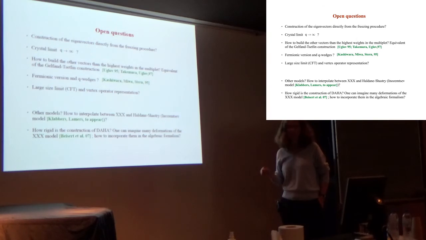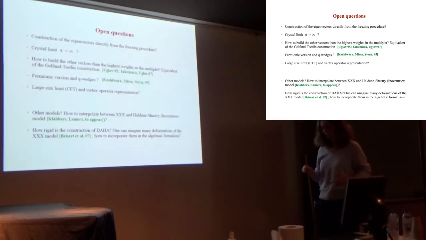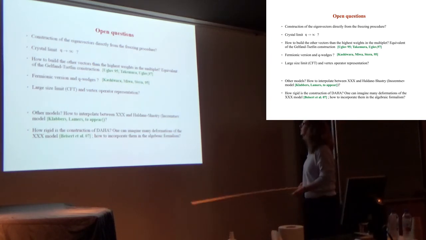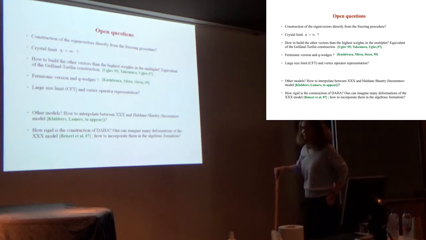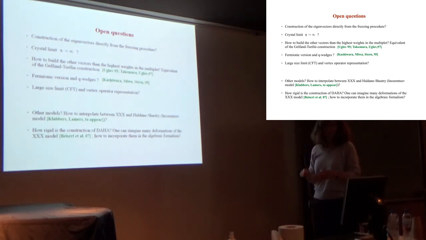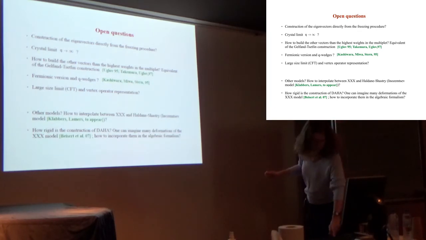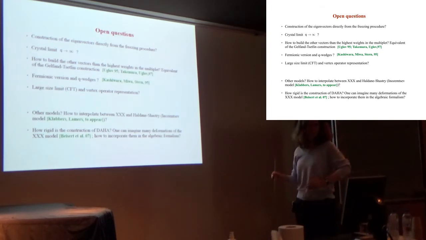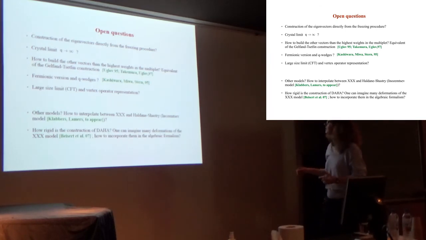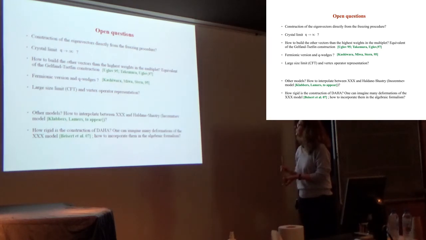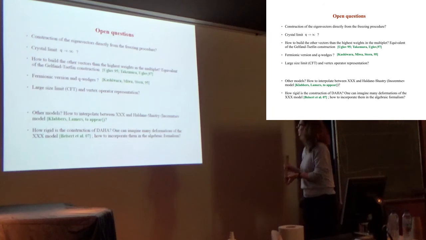This allows us to obtain particularly simple expressions for the wave functions in that crystal limit, and also it's useful to prove some of the properties of the spectrum, the fact that the limit of the McDonald polynomials exists, that they survive the freezing limit, because since we know that they survive in the crystal limit, they will survive for the other values of the parameter q.